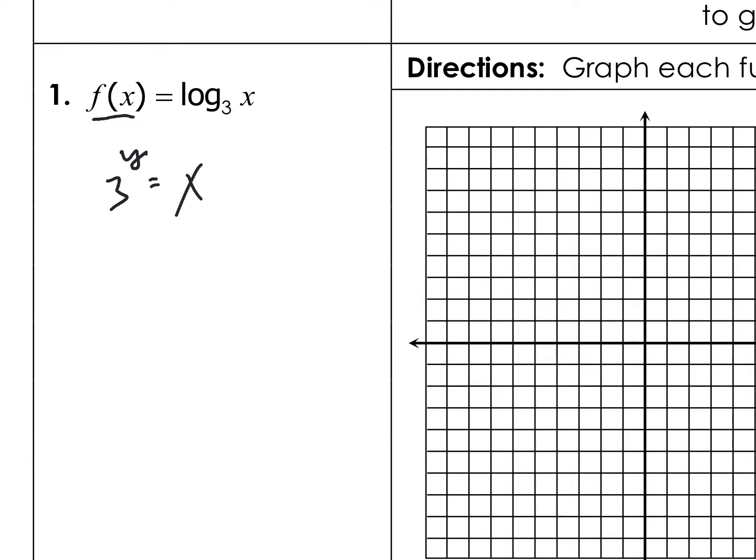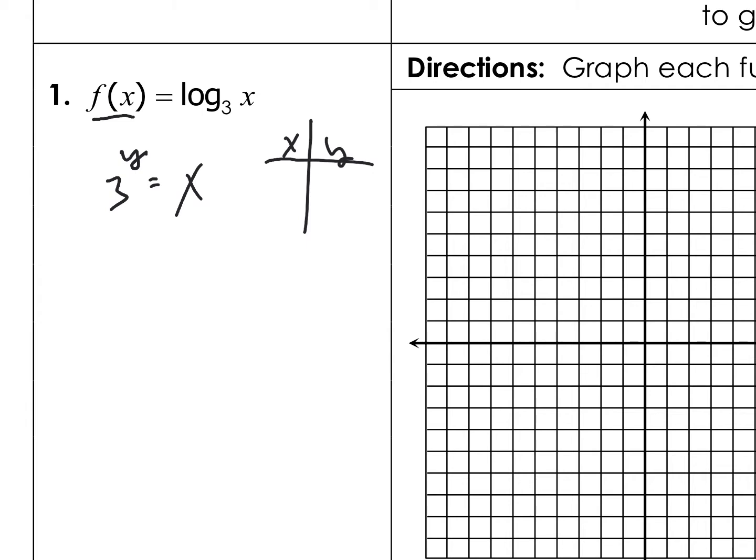So if you could say to yourself, well, let's see, if I was doing 3 to the y equals x, and that's just an exponential function, because 3 is the base, and you make a table of x's and y's. I don't think I'm going to do it this way very often, just do it one time.